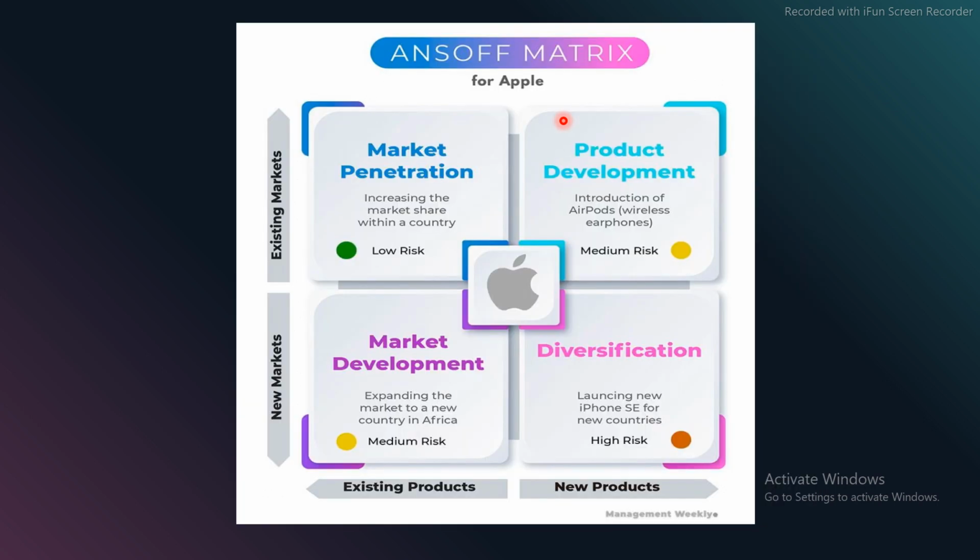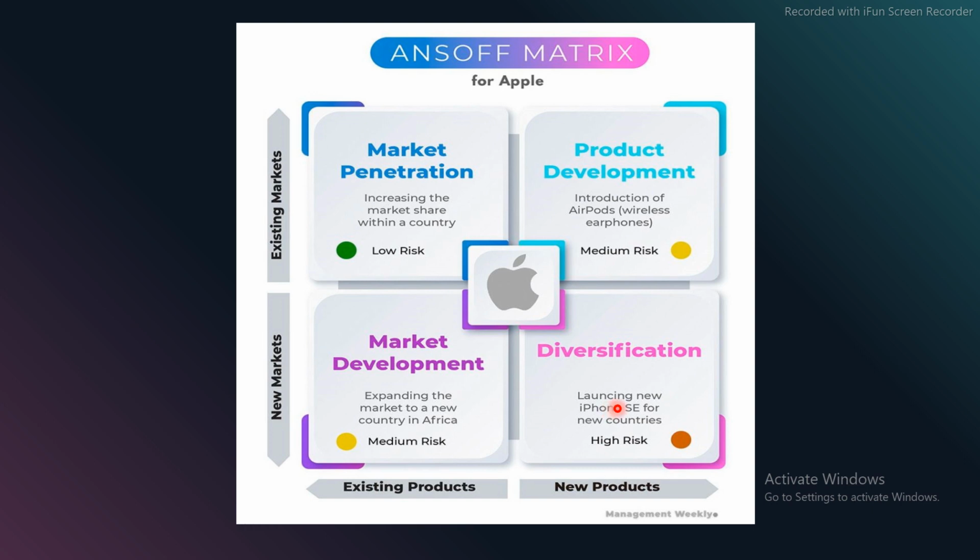For example, for Apple, how they are growing their business. If you see this diversification, launching a new iPhone for a new country. For example, there is, let's say, an African country, right? And Apple is launching the new iPhone. So obviously they don't know the market, right?